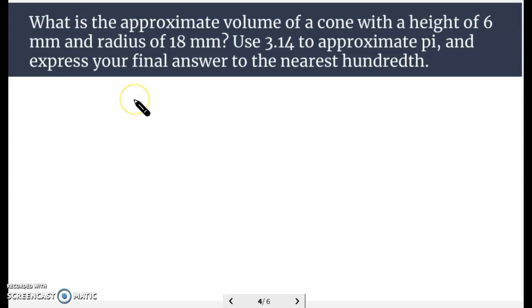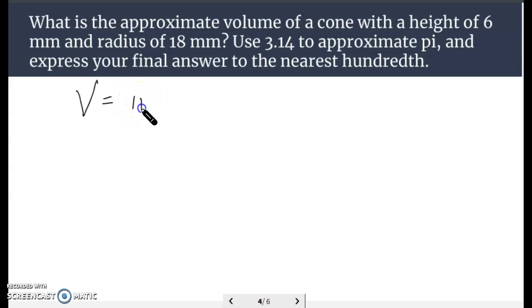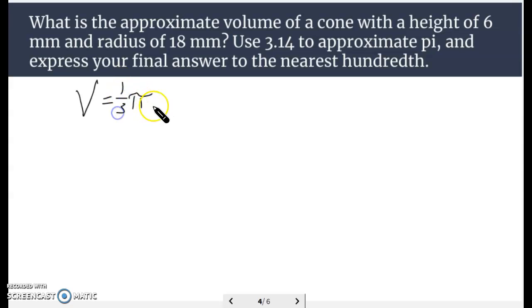This one, we don't have the luxury of a picture, but we can still figure it out. What's the approximate volume of the cone with a height of 6 millimeters, radius of 18 millimeters? Use 3.14 to approximate pi and express your answer to the nearest 100th. 1/3 pi r squared h.